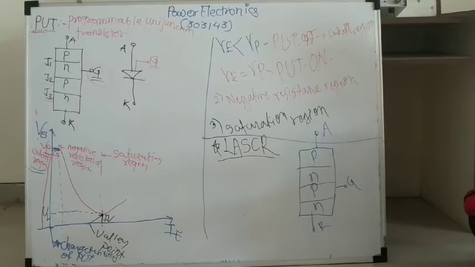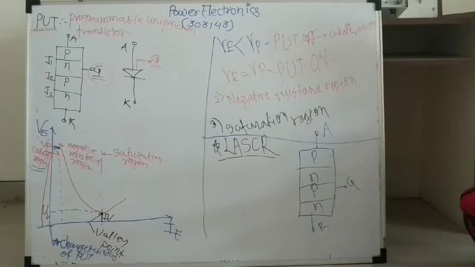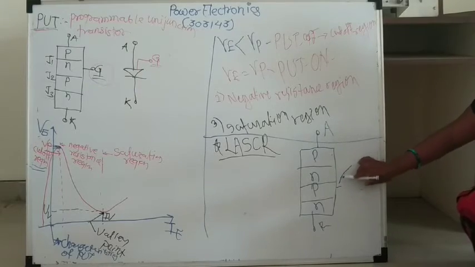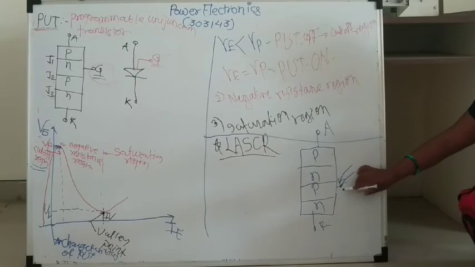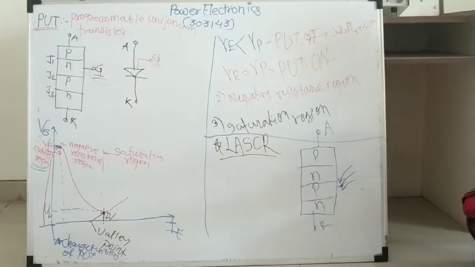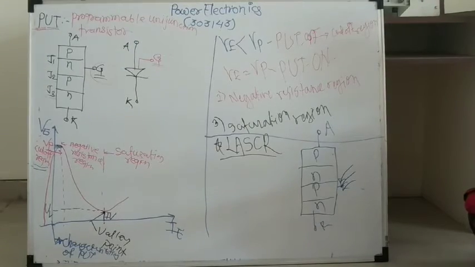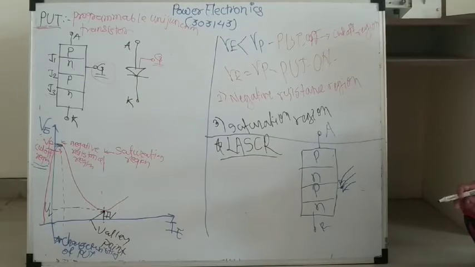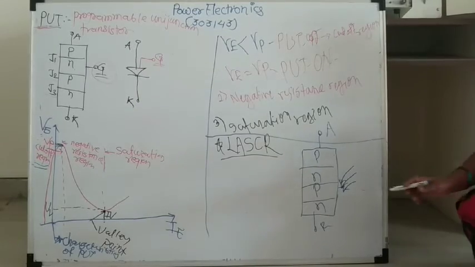But what is the difference in the light activated silicon controlled rectifier? Instead of a gate terminal, we incident photons on this gate region to convert it into forward bias. Because to run the SCR in forward bias, only junction J2 is in reverse bias.